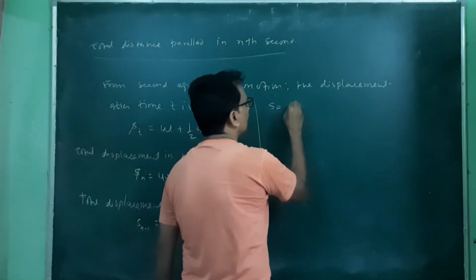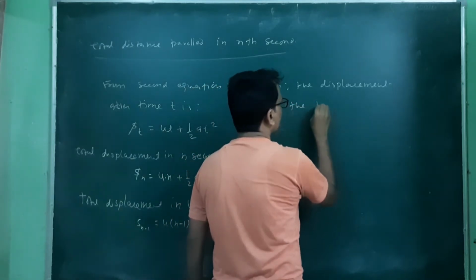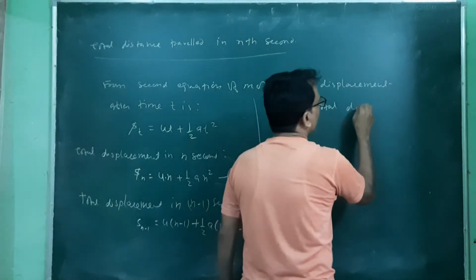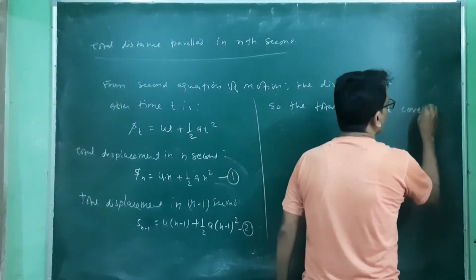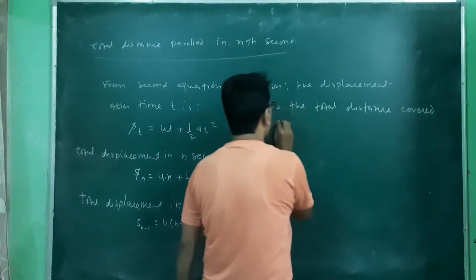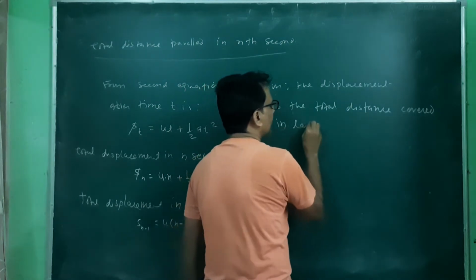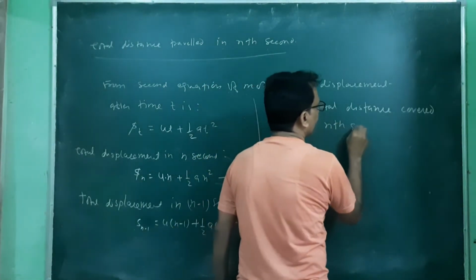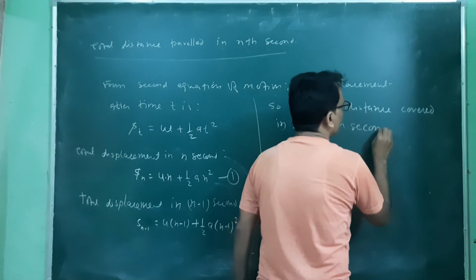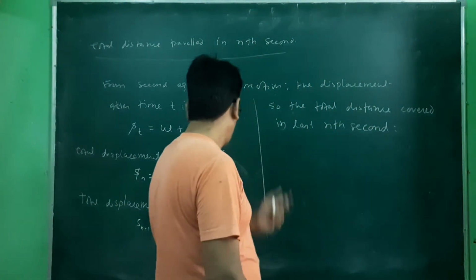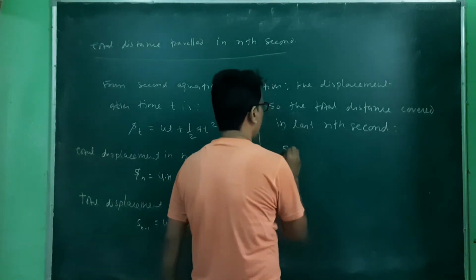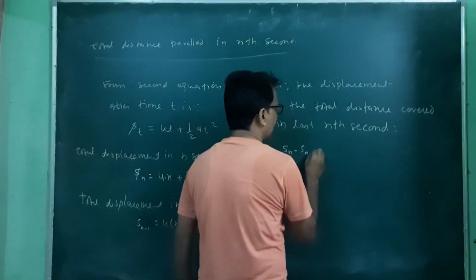So the total distance covered or traveled in the last nth second, that is Sn minus Sn minus 1.